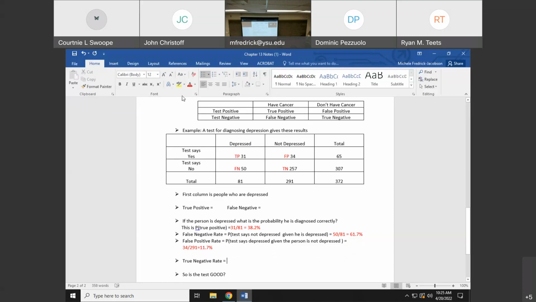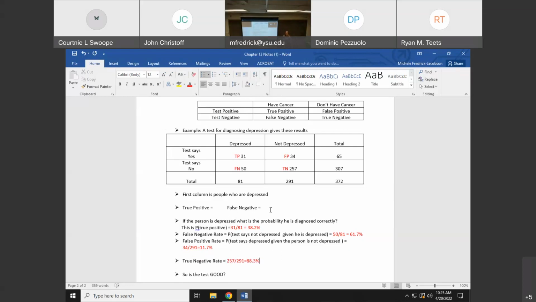You're getting 11.7% for the false positive, and 88.3 for the true negative. Any questions on finding the values?